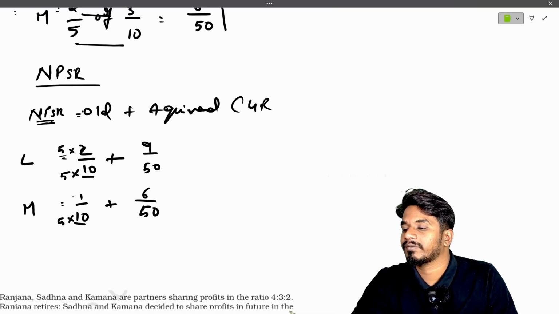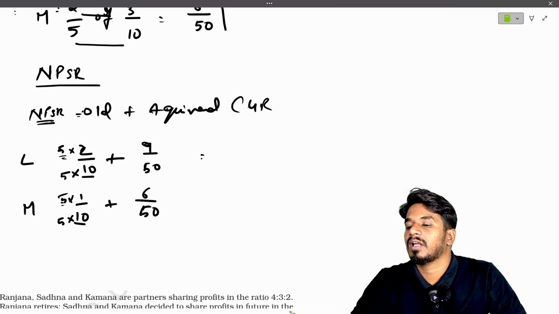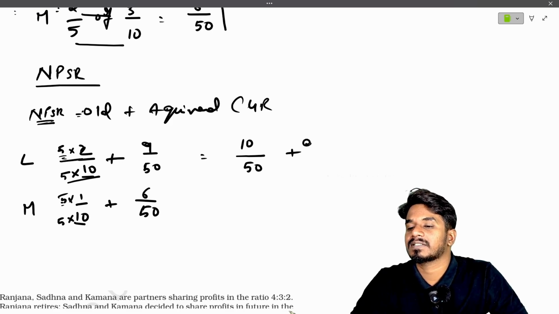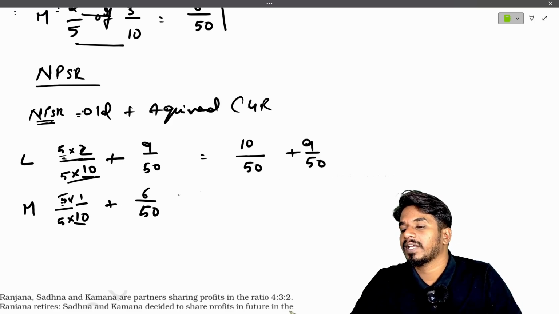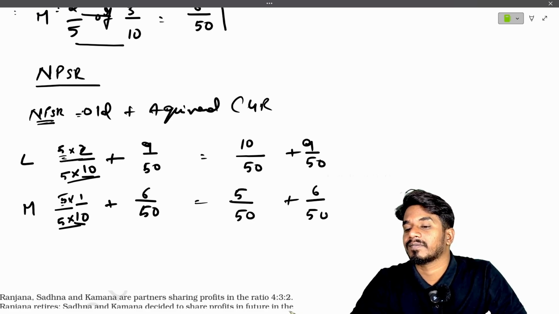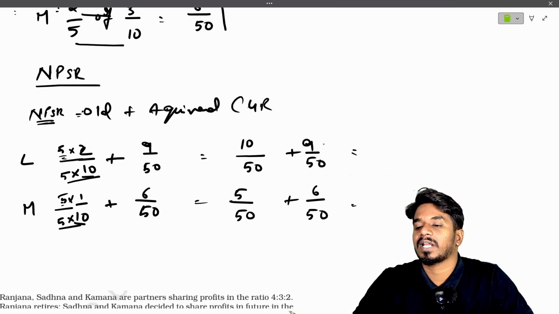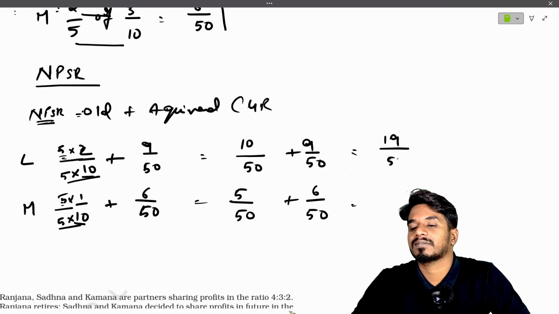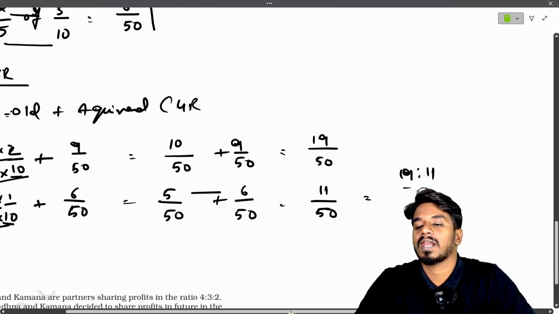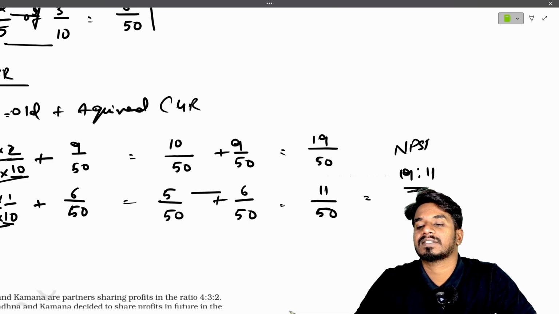Now multiply. 5 into 2 is 10 divided by 5 into 10 is 50 plus 9 by 50. 5 into 1 it is 5 divided by 5 into 10 it is 50 plus 6 by 50. Just add it. So 10 plus 9 is 19 by 50, and 5 plus 6 is 11 by 50. So you got 19 is to 11 as your NPSR.